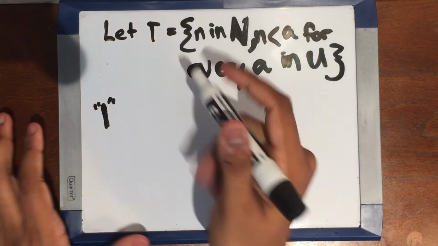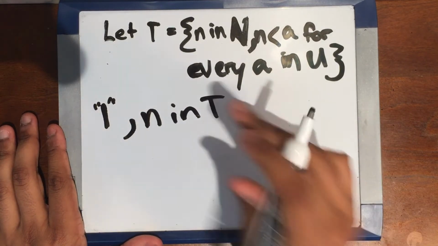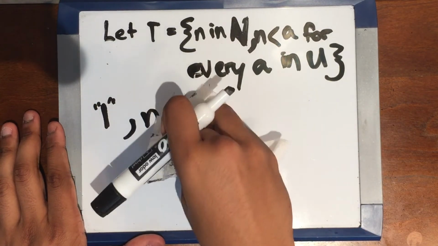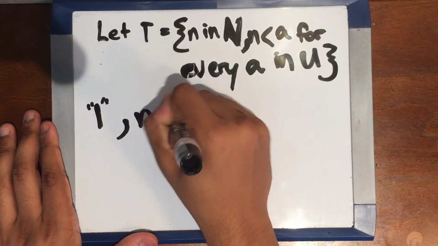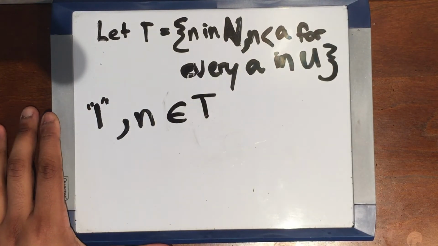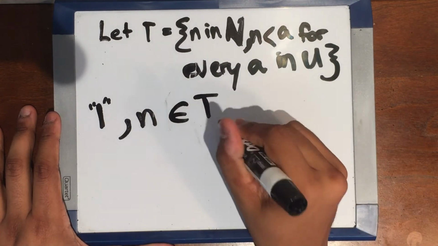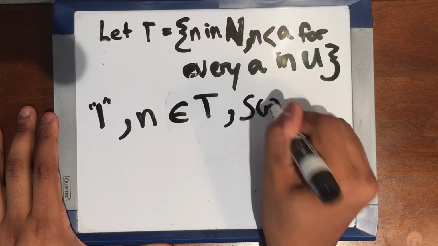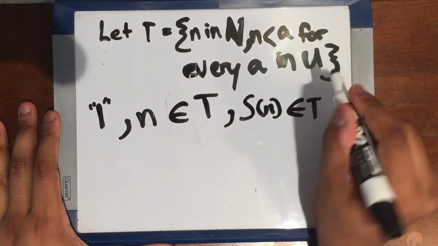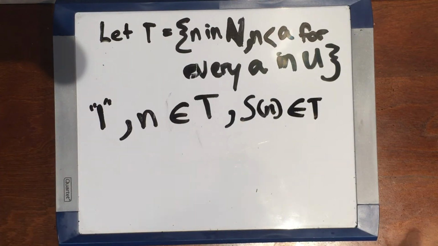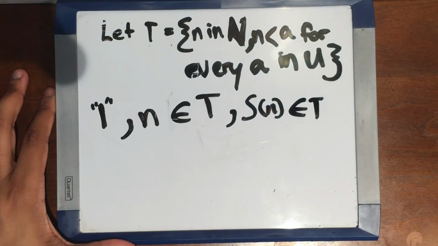Now suppose N is in T. Or a better way to write this would be, suppose N exists in T. Then its successor, S of N, is also in T. Right? That we get from our fifth axiom.